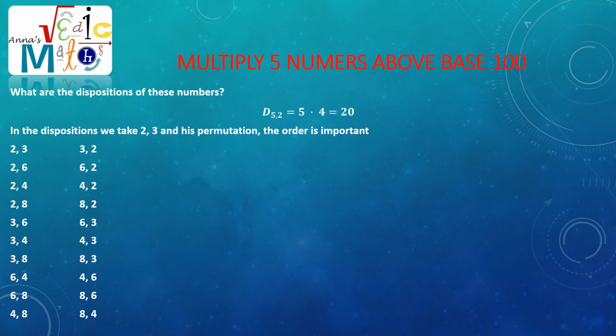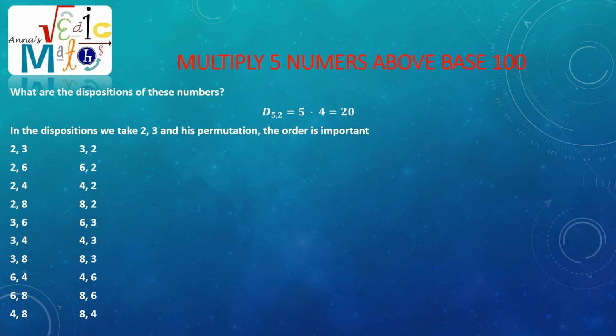We have 5 numbers and we want the dispositions of 5 elements taken 2 at a time. This means 5 by (5 minus 2 plus 1), equal 5 by 4, equal 20.